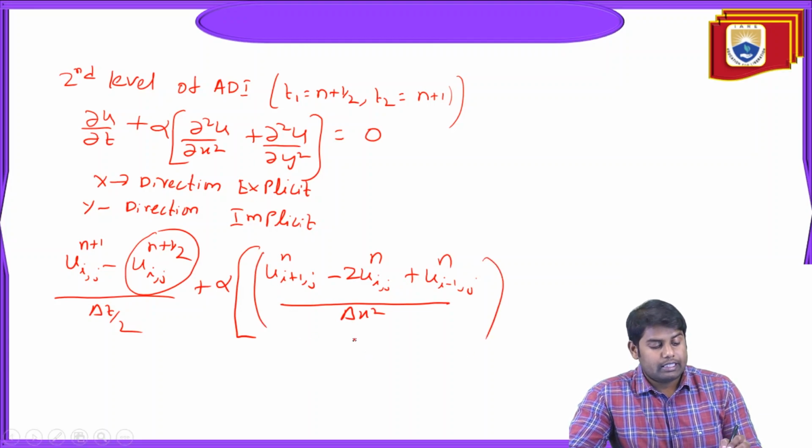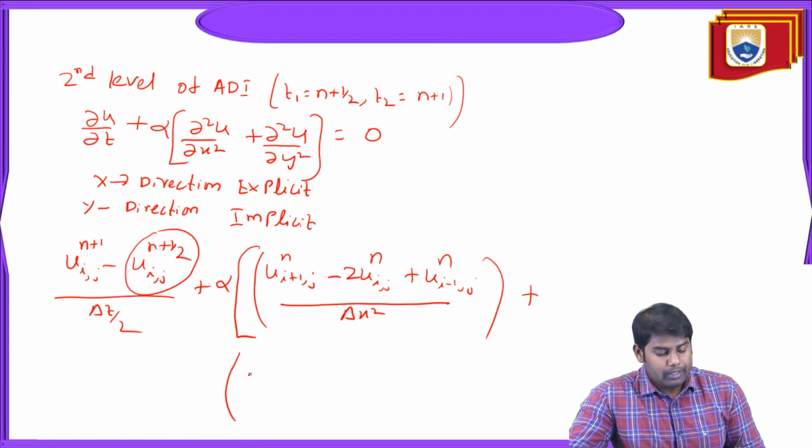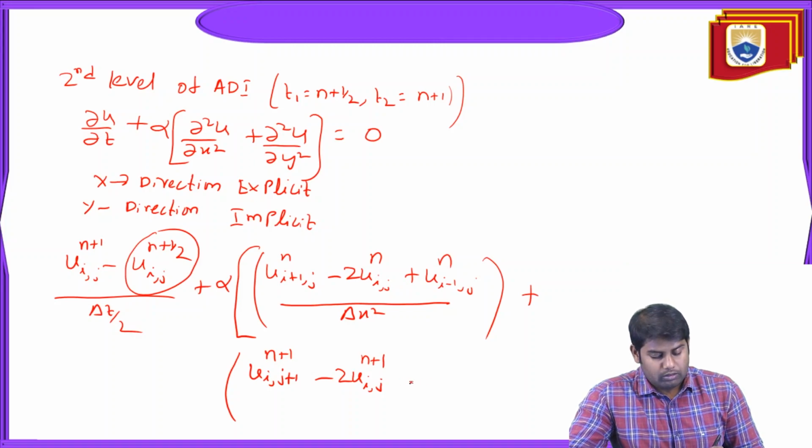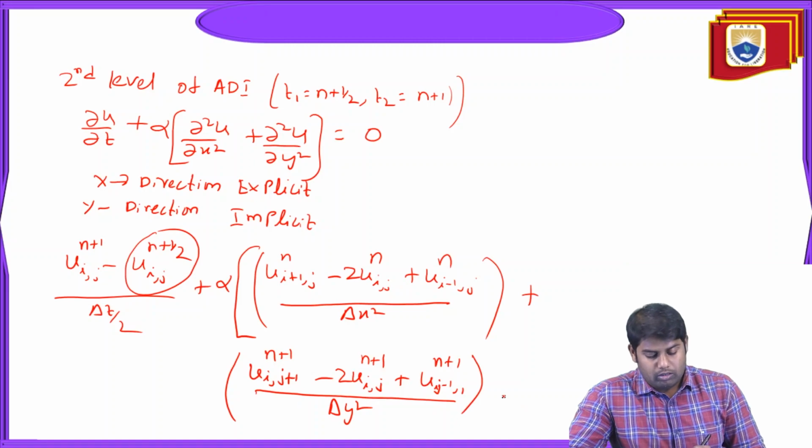Okay, so this is x direction explicit plus, now y direction will be implicit. Now how? u of i, j plus 1 to the power of n plus 1 minus 2u of i, j to the power of n plus 1 plus u of i, j minus 1 to the power of n plus 1, divided by delta y square, is equal to 0.